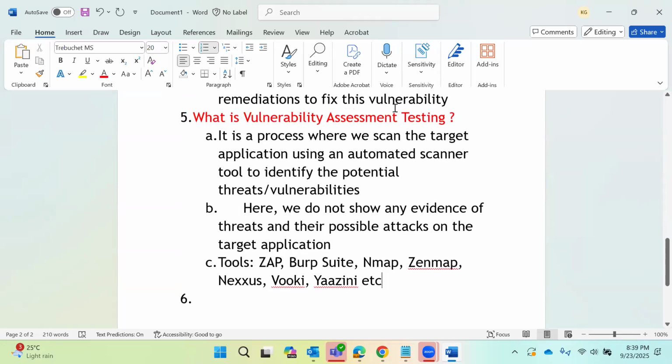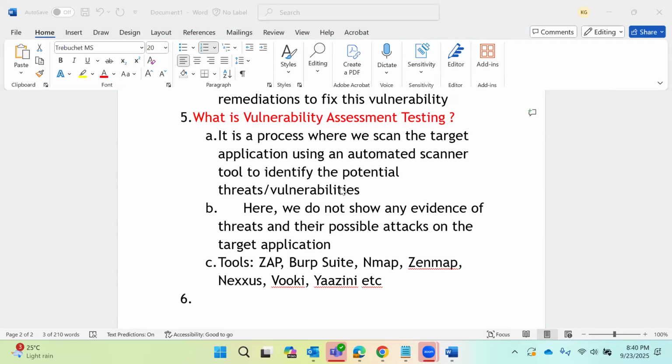Think of vulnerability assessment testing as going to a doctor and saying, hey doctor, this is the problem I have. The doctor says, okay Kiran, let's go through a typical scanning process, get the scanning report, and then I will tell you what the problem is. So the doctor is not doing anything. He simply says, go to a diagnostic center, get your scan done, show me the report, and I will tell you what medication you have to take.